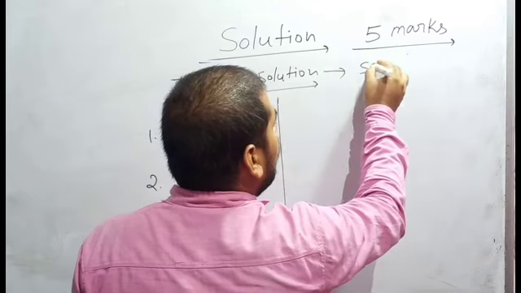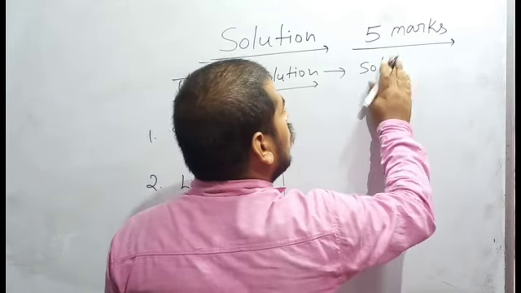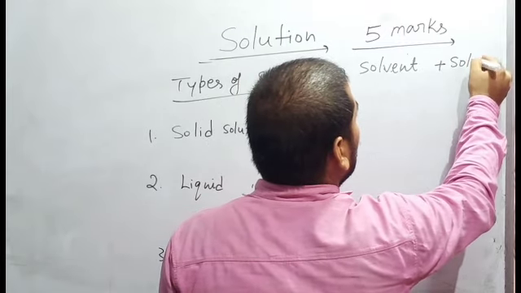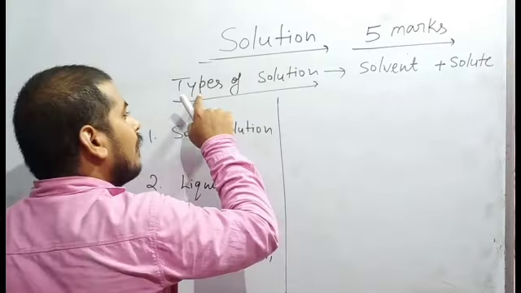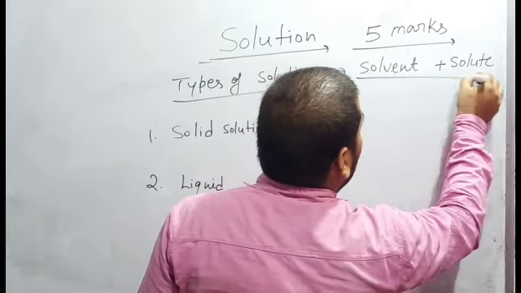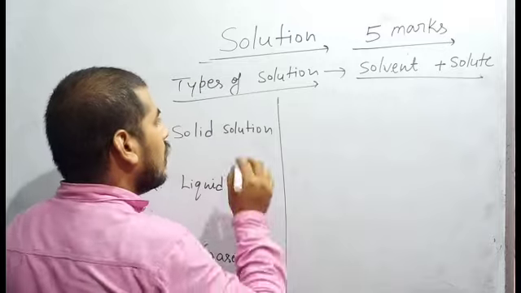Solution has 2 parts. First one is solvent and second one is solute. So types of solution depend upon the phase of solvent and solute.